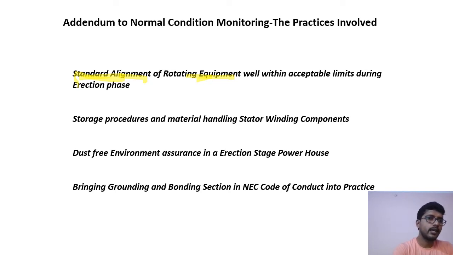The thing I have pointed out here is the dust-free environment. We need to ensure dust-free environment assurance at the erection stage of the powerhouse. Dust is not preferred in a powerhouse, even though civil works go on and we can have dust in some areas.